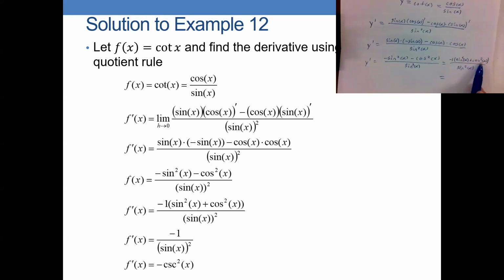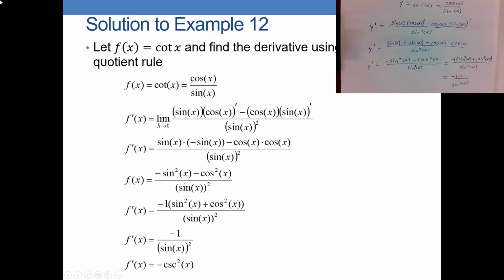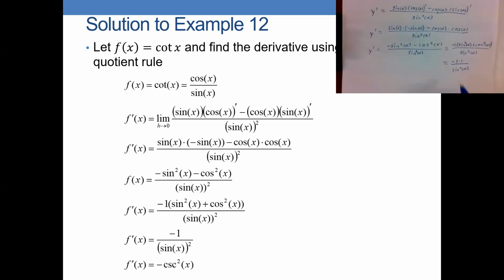So the top will be negative 1. So I end up getting negative 1 over sine squared x. I'm just going to factor the negative out. You can just bring it outside the fraction, because the top will be negative 1.